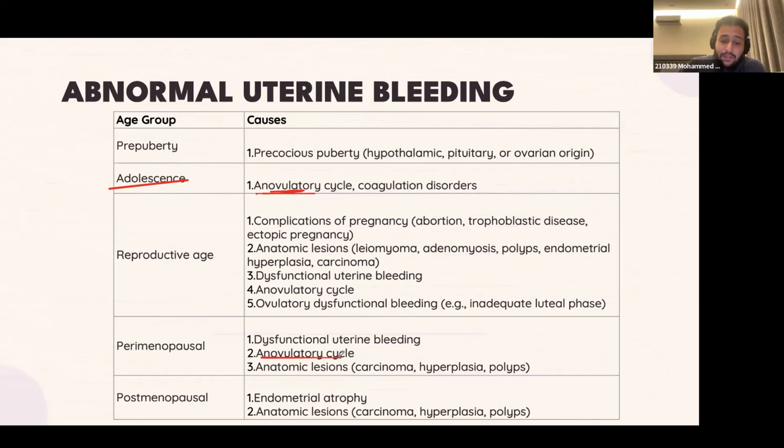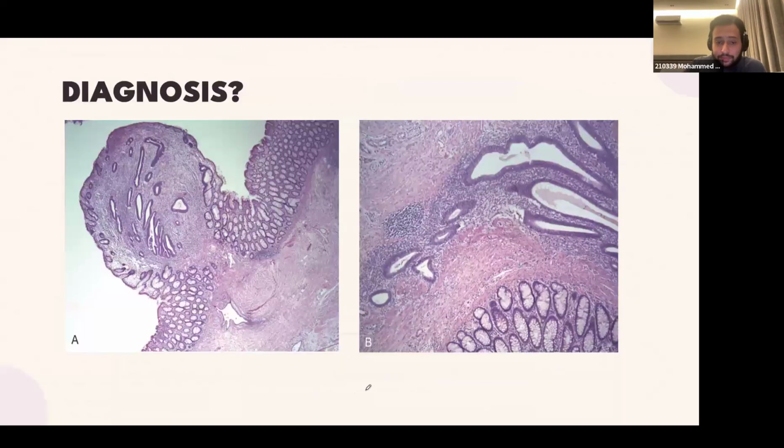Perimenopausal, again, anovulation becomes very important. Postmenopausal, most common cause is atrophy, either vulvovaginal or endometrial atrophy. Vaginal atrophy is the most important. Then other diseases such as cancer, polyps, hyperplasia, and so on. Okay, remember these ages because it's very important.